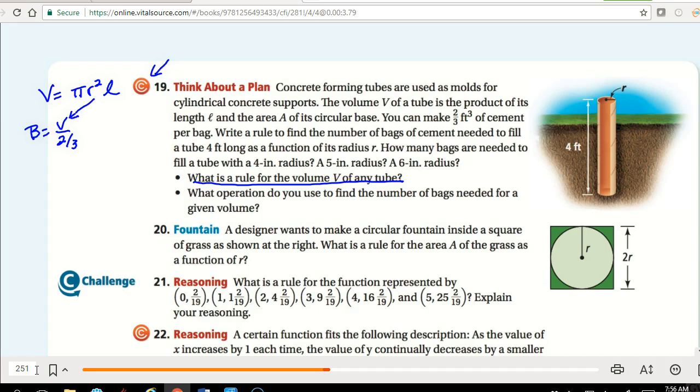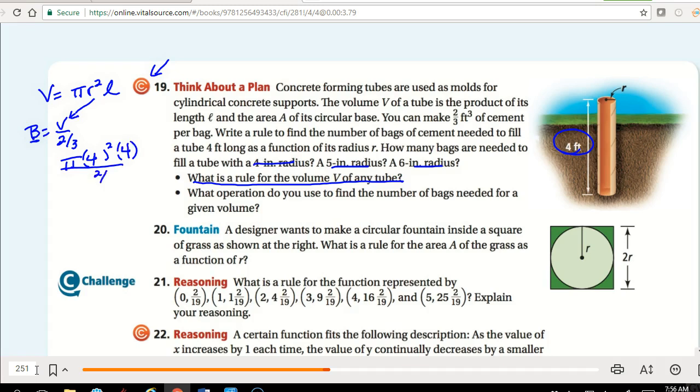You're going to divide that by 2/3, and that's going to tell you how many bags you're going to need for that particular volume. They want you to find it for 4 inches, for 5 inches, and then for 6 inches. So you're simply going to say pi, let's start with 4 squared. We see that the length over here is 4, so the length is also 4, coincidentally here.